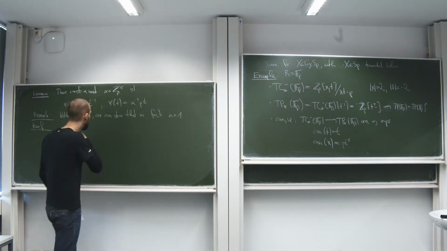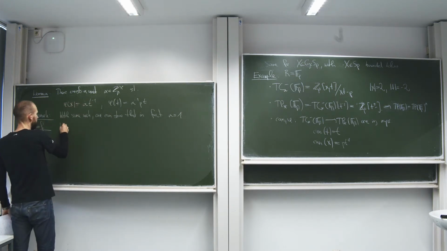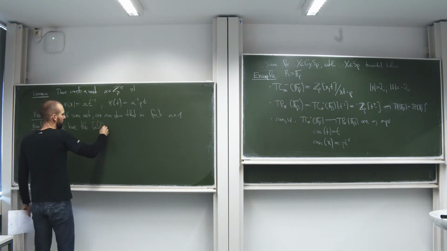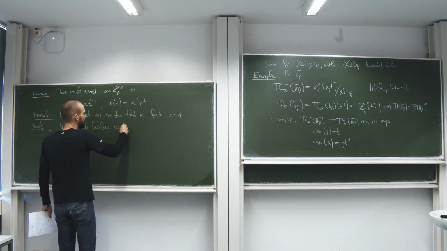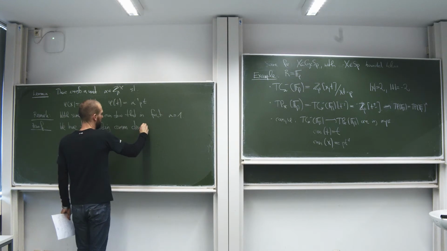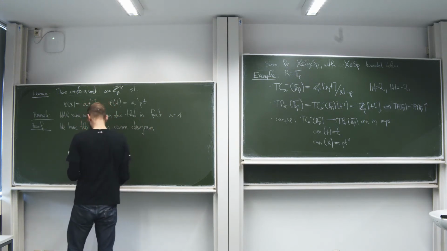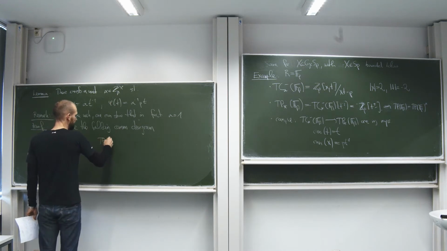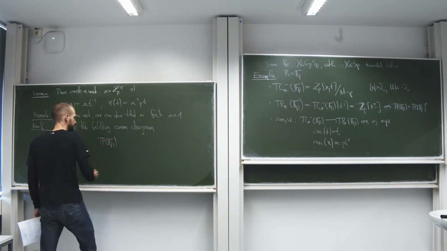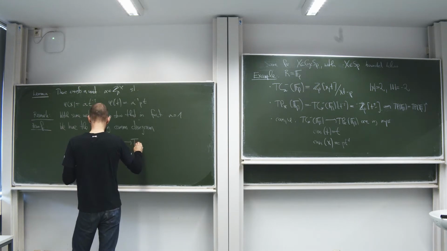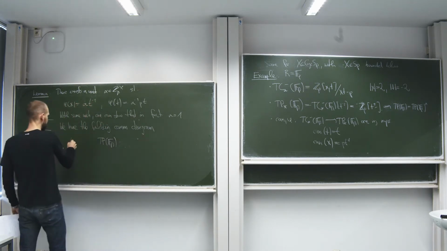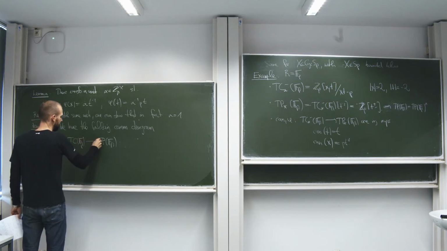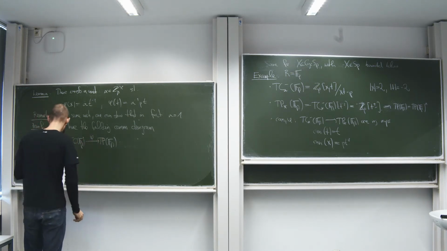What we want to do is we will have the following commutative diagram. Where we have TP, F_p, then TC^-, I want to look at the map TC^- of F_p here with my map phi.